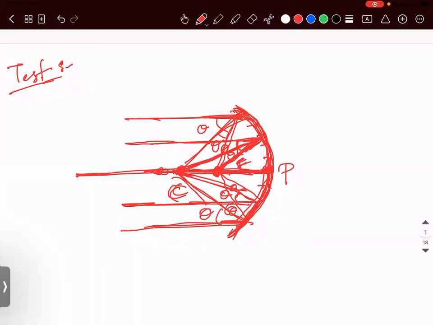From the focal point to the pole, the distance is called the focal length, which is called f, small f. Okay. So this is the ray diagram for the concave. What about convex?